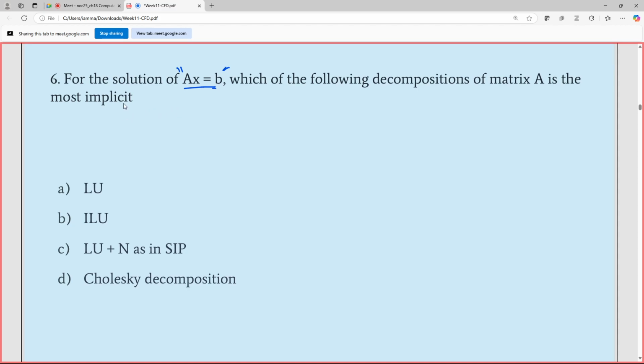So the question is asking which among the following is the most implicit decomposition of Ax equals B, or most implicit decomposition of coefficient matrix A.